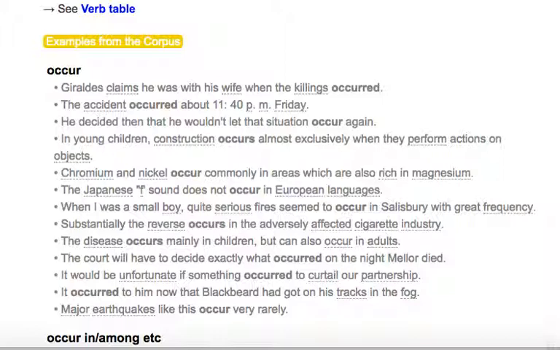In young children, construction occurs almost exclusively when they perform actions on objects. This sentence is talking about the development of children. Please notice the comma. In young children, this is who. Construction occurs, this is what.